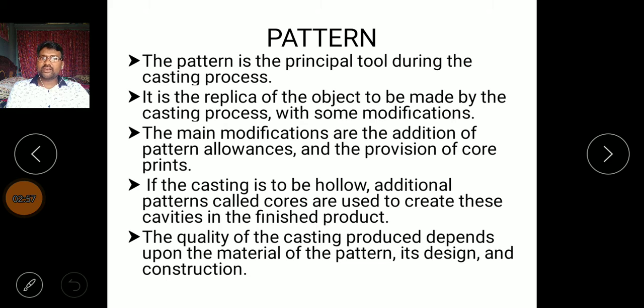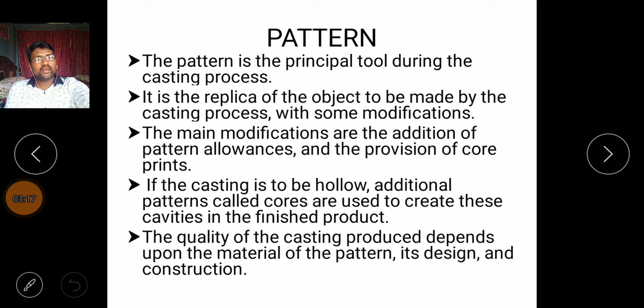There are different types of materials, but we have to select based on the object we are casting, along with proper design and construction. Construction is the placement of the object, and design is the design of the pattern.